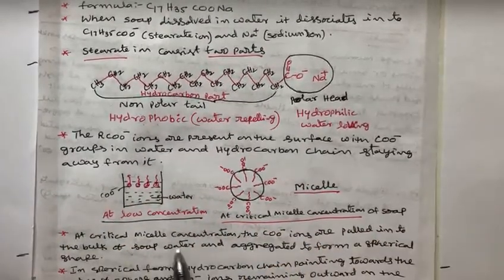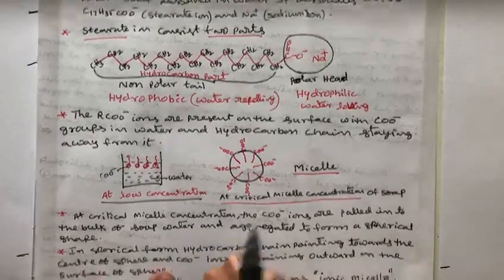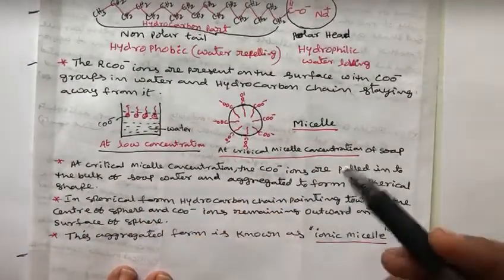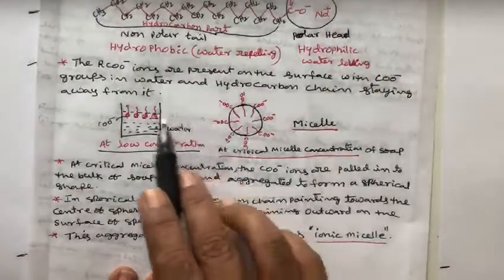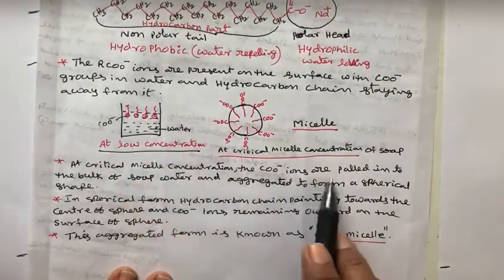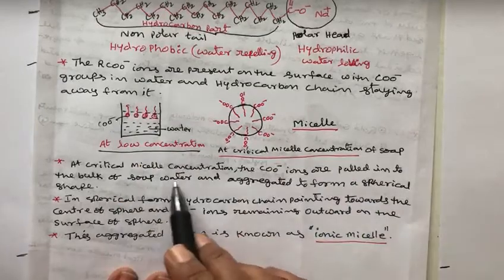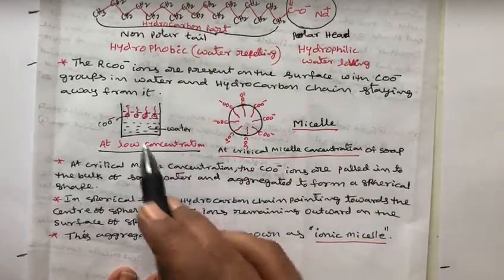At critical micelle concentration, the ions are pulled into the bulk of the soap water.